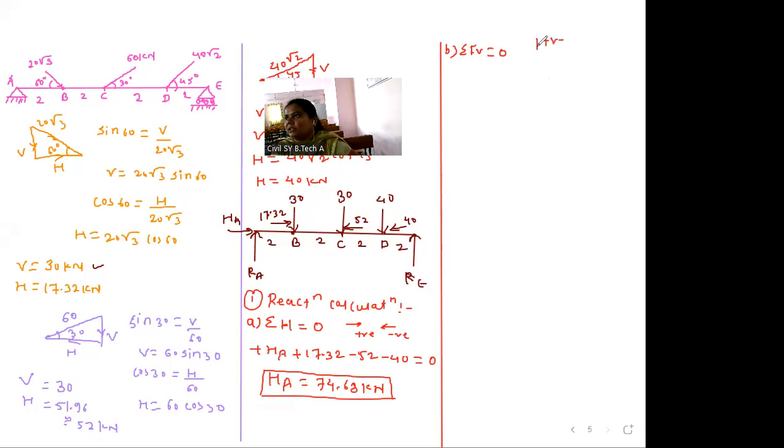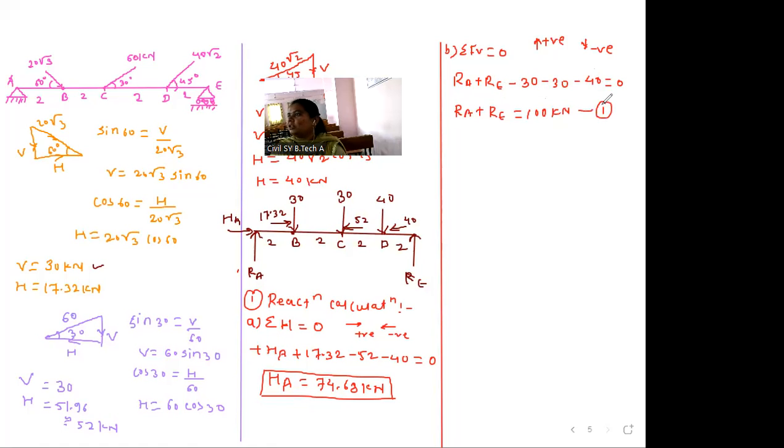Upward forces we will consider positive, downward forces negative. So RA and RE going upward, so RA plus RE. Then this 30 going downward, so minus 30, again 30 going downward, again 40 going downward, which is equal to 0. So RA plus RE is equal to how much? 30, 30, 60, 100 kilonewton.